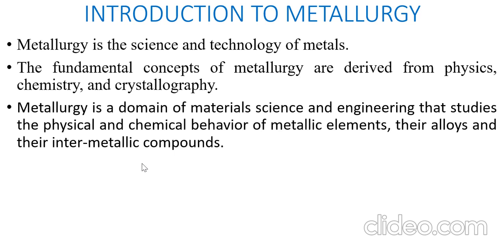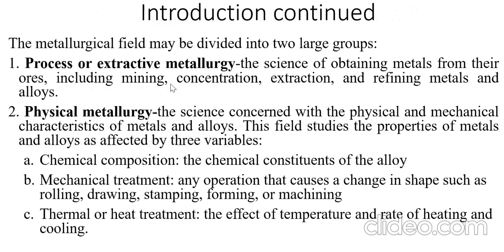So the metallurgical field may be divided into two large groups: process or extractive metallurgy, and physical metallurgy. In today's lecture, we concentrate on extractive or process metallurgy. Here it deals with the obtaining of ores, mining of ores, and their extraction and refining.